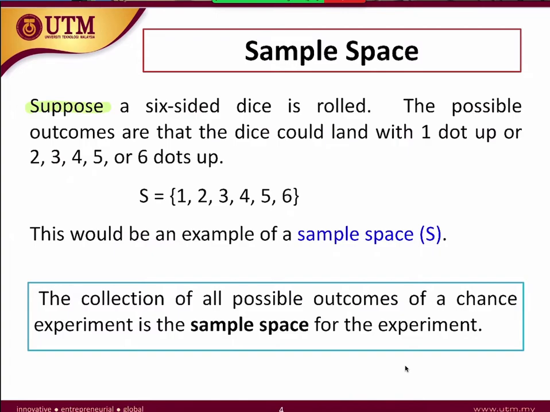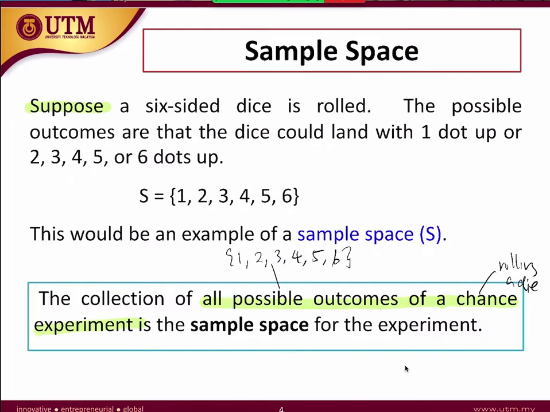A sample space represents all the possible outcomes of our chance experiment. The chance experiment here is rolling a die, and the possible outcomes are that it will land on 1, 2, 3, 4, 5 or 6. So this is what we call a sample space.